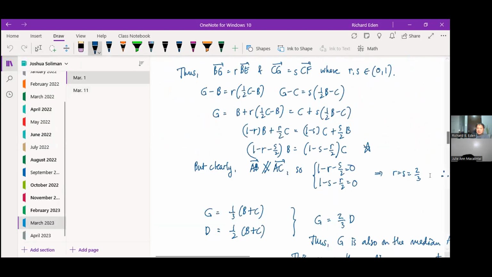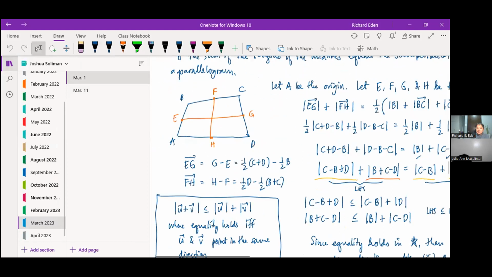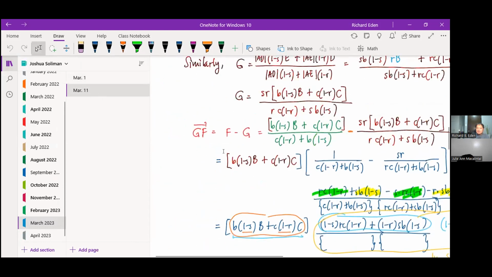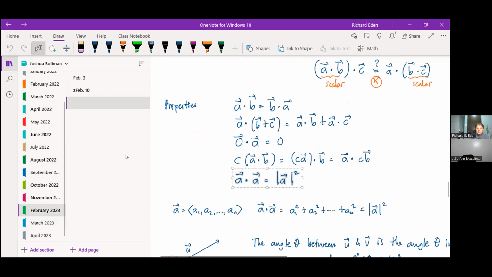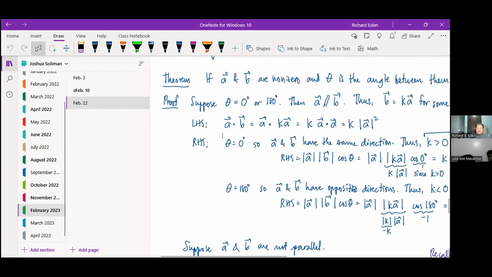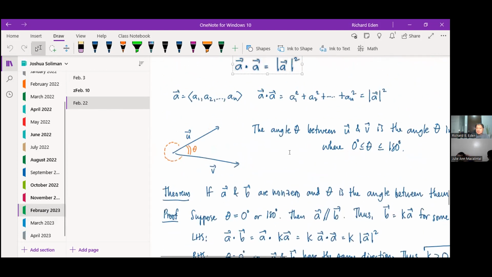Okay, when did I first talk about the dot product? I apparently March 11, or maybe before. Oh, ito, the dot product. So the angle is between 0 degrees and 180 degrees, so an angle in the first and second quadrants.